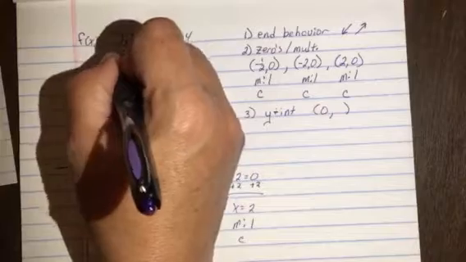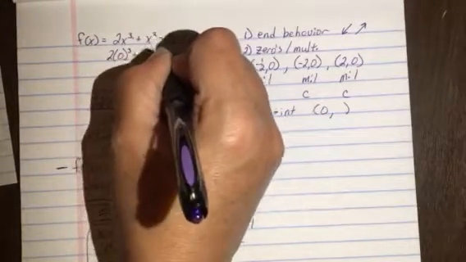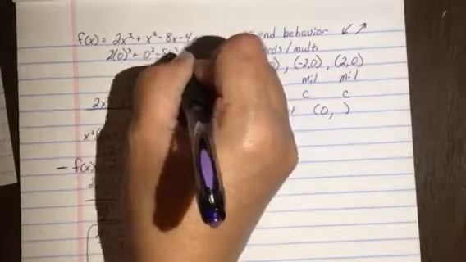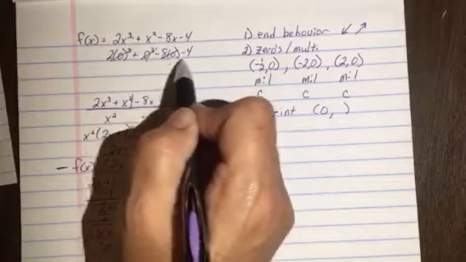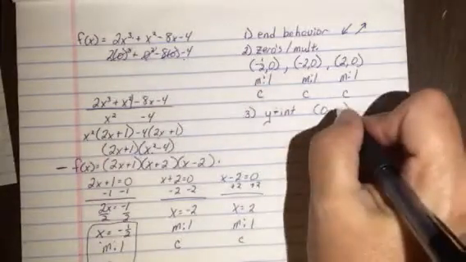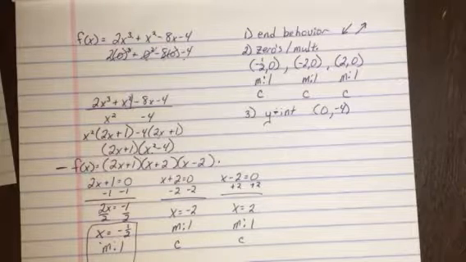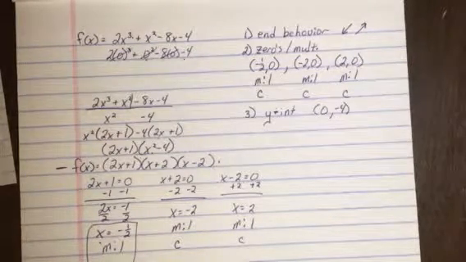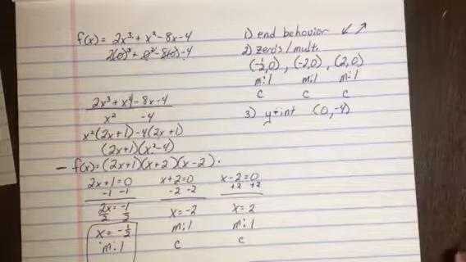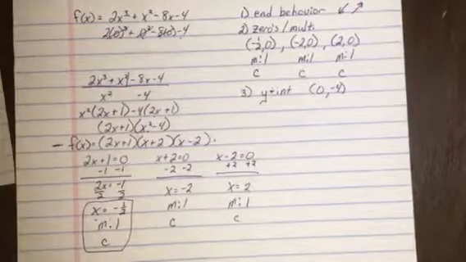Well, 2 times 0 cubed plus 0 squared minus 8 times 0 minus 4. Well, that's 0, that is 0, and that is 0, leaving me negative 4. I have my y-intercept. At this point, I'm ready to divide and conquer. So again, remember, at this point, we kind of start ready to graph.